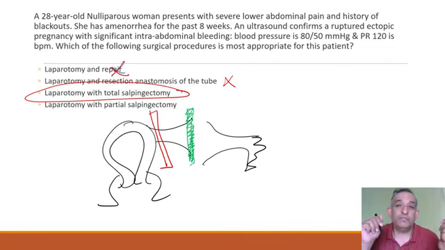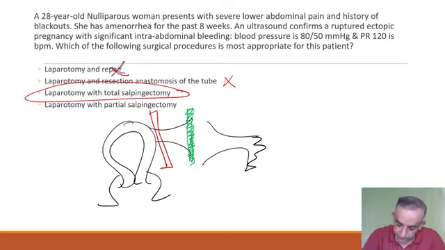Sooner or later, people in our country also are going to realize that if I had an ectopic, then why did the doctor not do a complete removal of that injured tube? Because she may have a repeat ectopic because of that small stump which you're going to leave with a partial salpingectomy. All right, so no partial salpingectomy, you have to do a total salpingectomy.